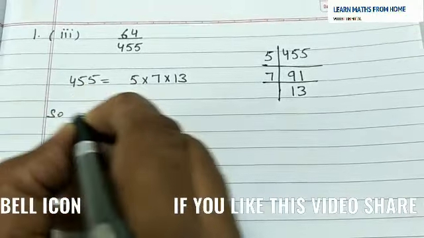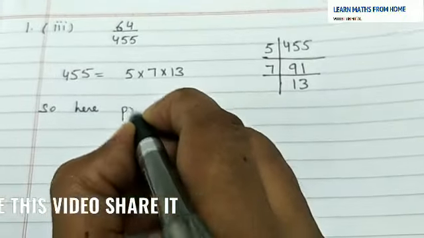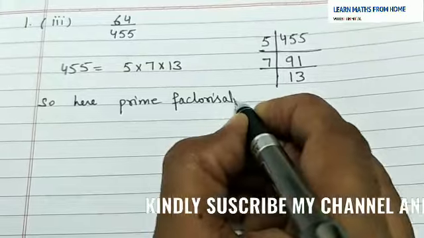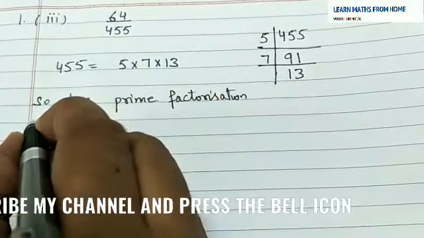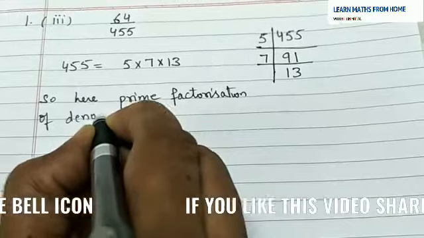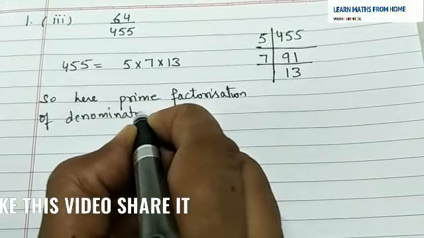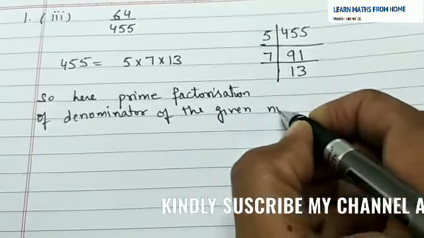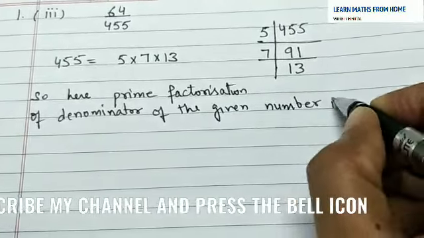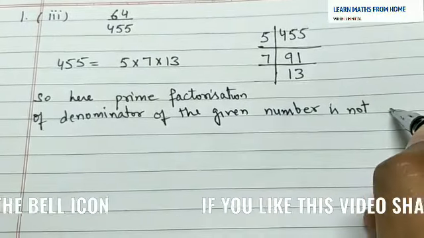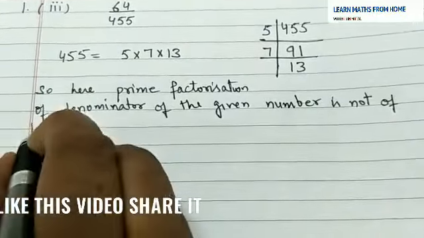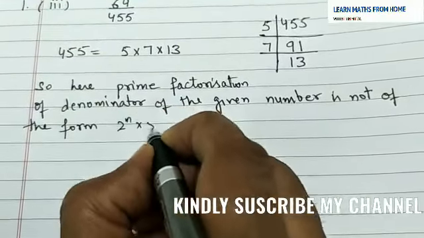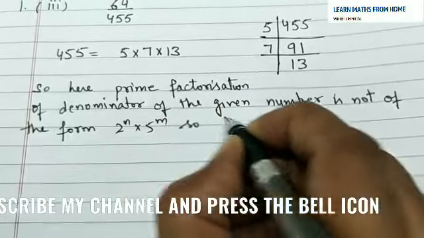So here the prime factorization of the denominator of the given number is not of the form 2 raised to power n into 5 raised to power m.